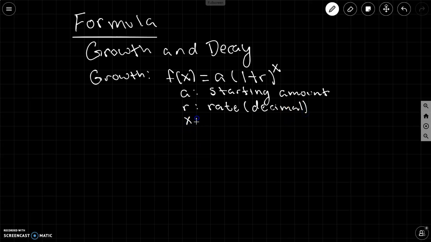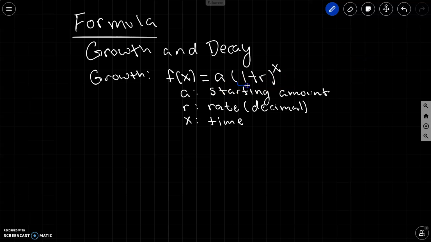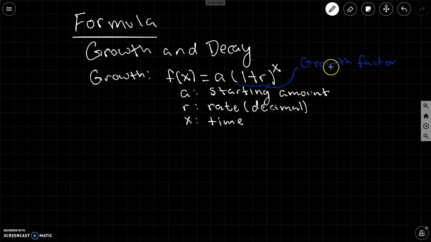And x is time. Another really important thing is that the whole thing in parentheses is also known as the growth factor. If they give you the growth factor, you do not have to do anything with it. You just plug it in for this part right here.